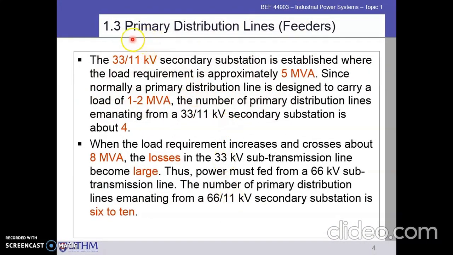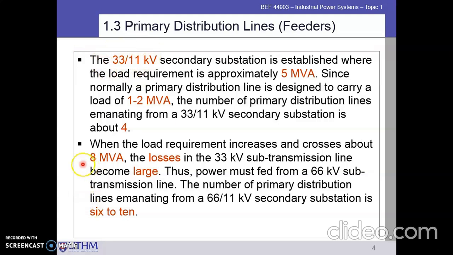Okay, and then we go to primary distribution lines or feeders. This one is the primary side. The 33 kV is stepped down to 11 kV, where a secondary substation is established when the load requirement for the transformer is 5 MVA. This one is for the TNB side. So the incoming for the secondary substation, the primary distribution, is 11 kV.